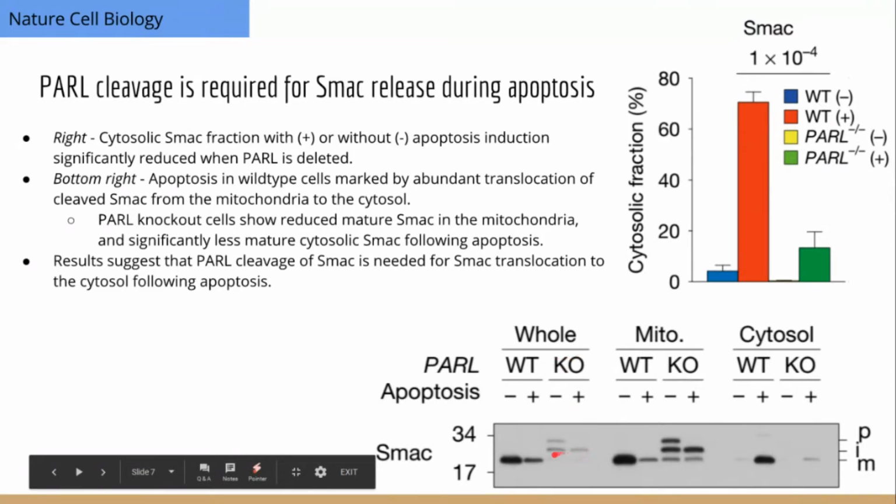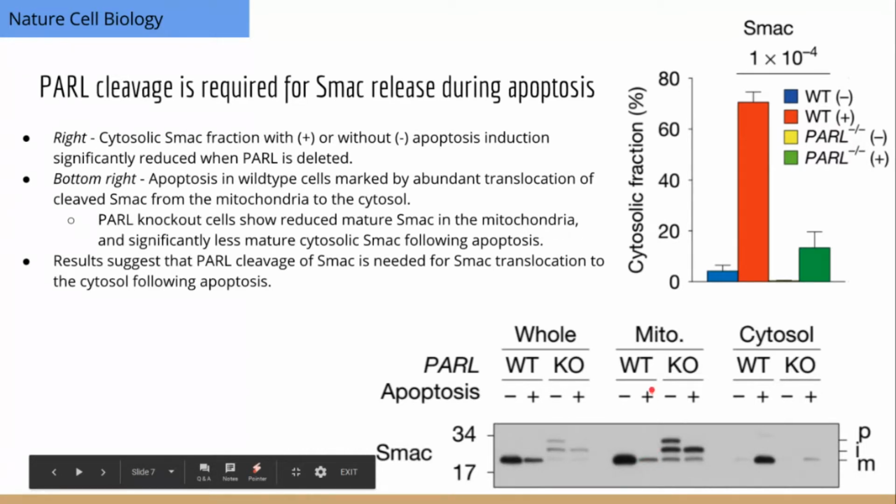There's very little Smac present. And in the mitochondria of wild type PARL, we see lots of processed mature form of Smac in the wild type. And then we see a decrease when apoptosis is induced.